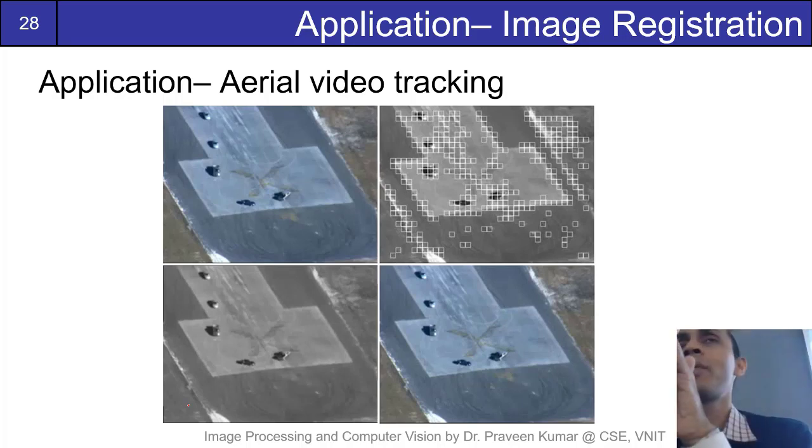We can simply do a subtraction, we'll be able to detect objects where they have moved and track them. But if the camera is on a moving platform like a drone, then the tracking becomes more difficult. So in order to do that, first of all we have to register these successive frames to the previous frames and then do the differencing.